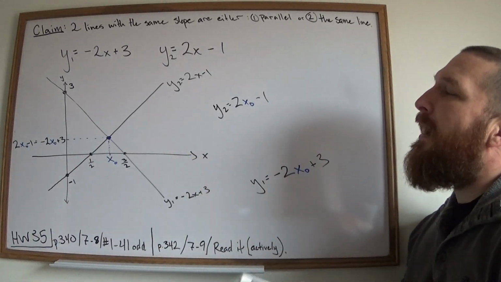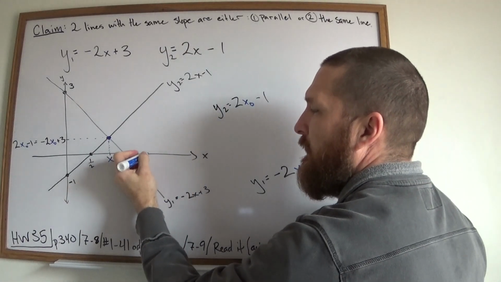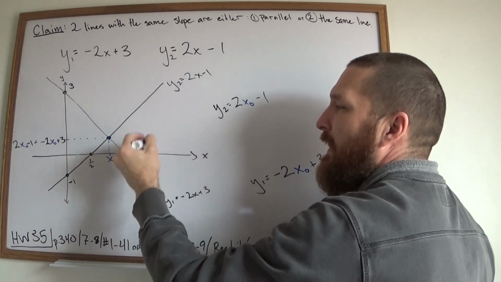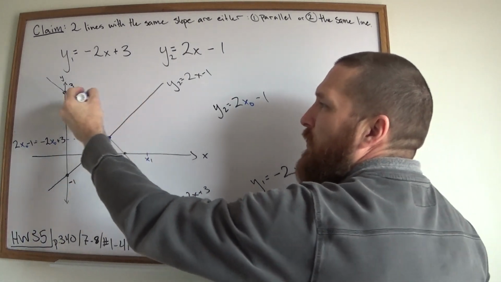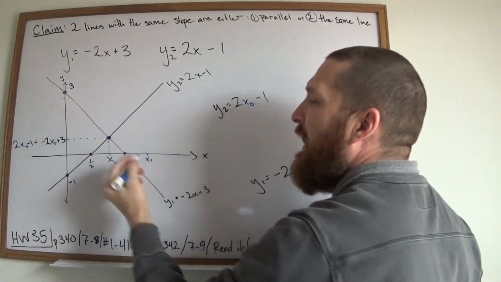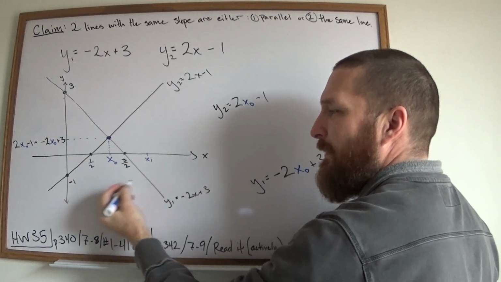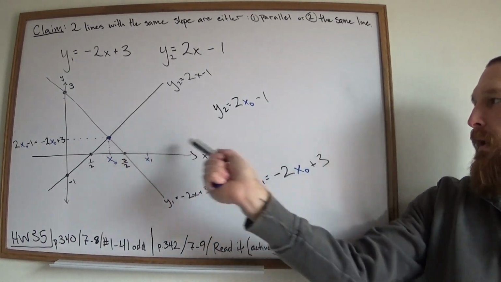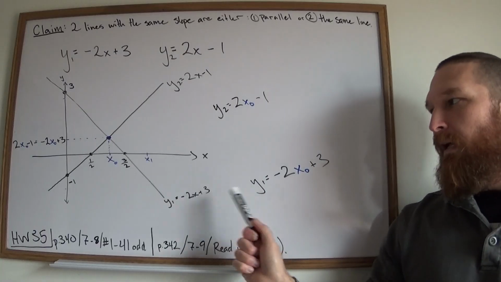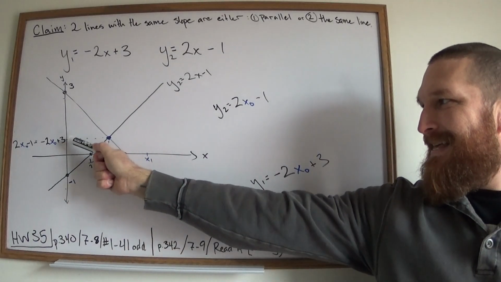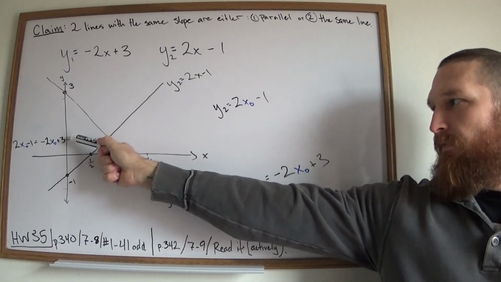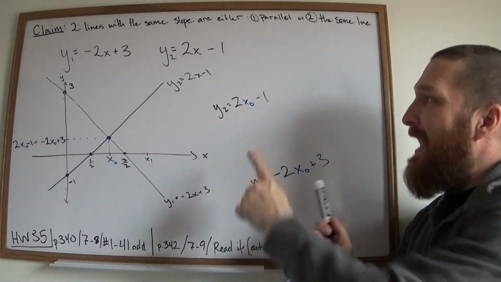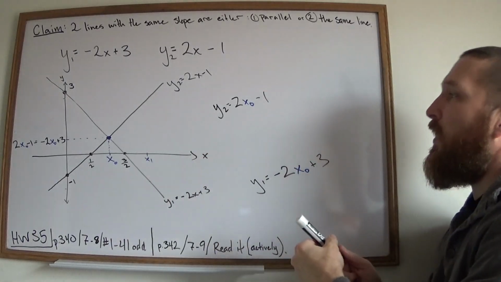Like if I chose some other x value over here, let's call this x1, some other one, it's not so special. If I plug him into y2, I get some height out here. If I plug him into y1, I get some height out here. The heights would be different. But since this x0 is the same point, it's special because when I plug it in, I get the same value for y for both of the lines. In other words, these two values are equal.